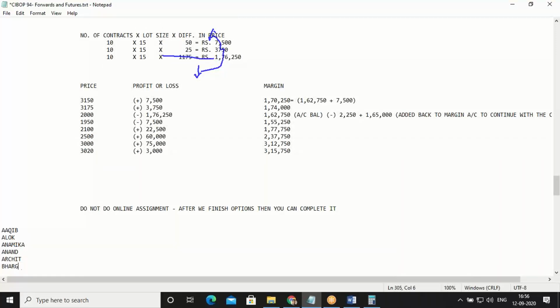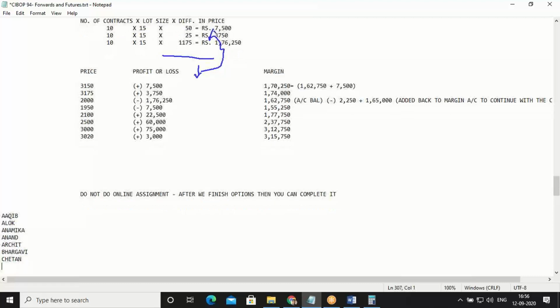Okay, give me 1 second. Let me just take down the attendance, because the thing is, there's another class going to join and we might get kicked out.